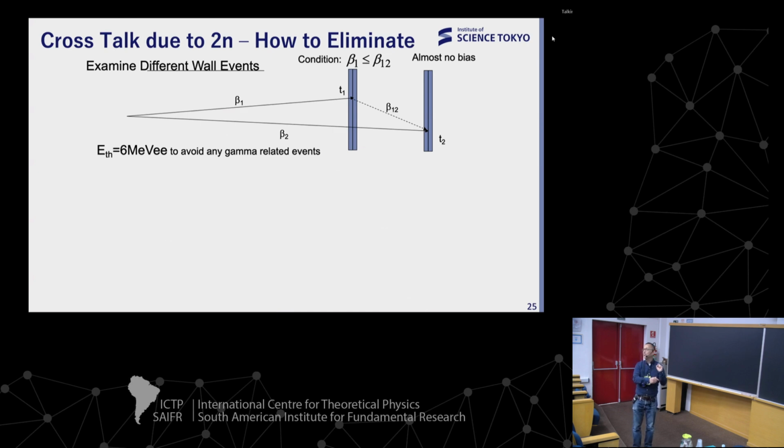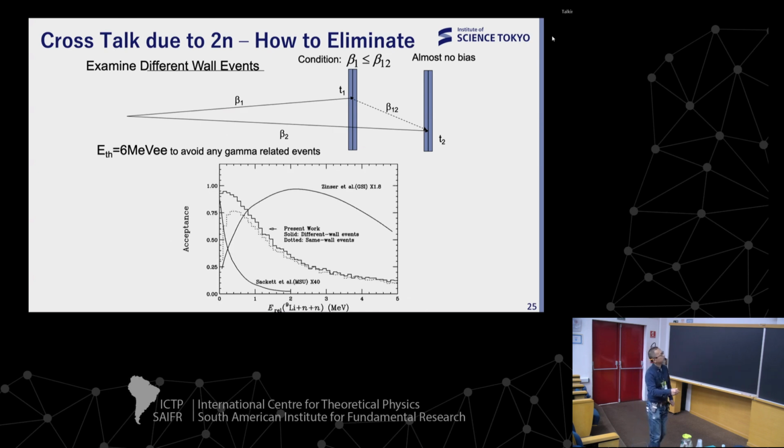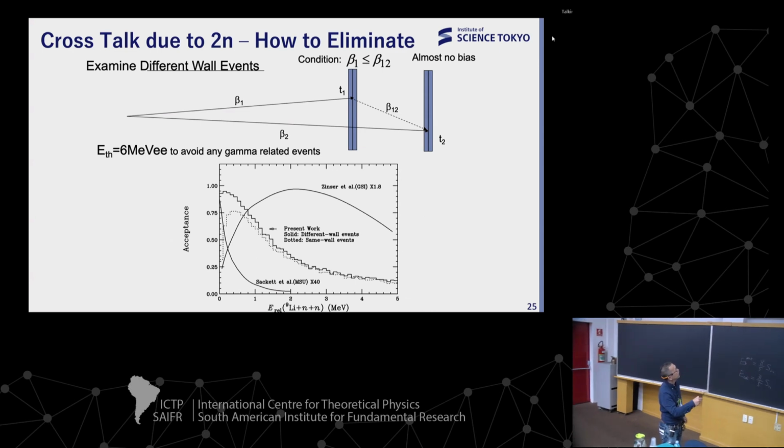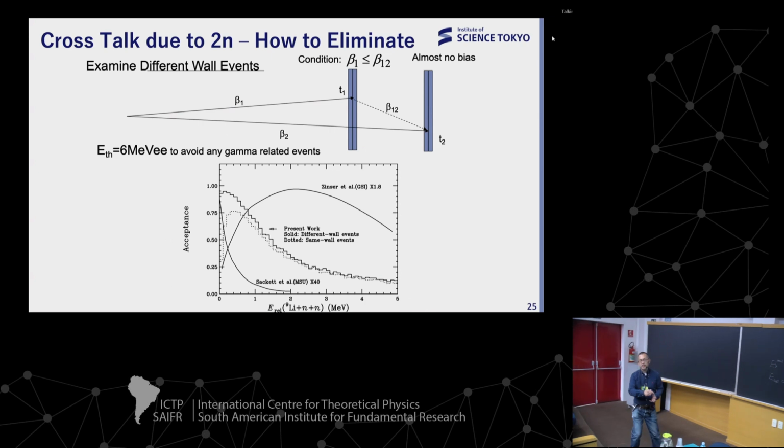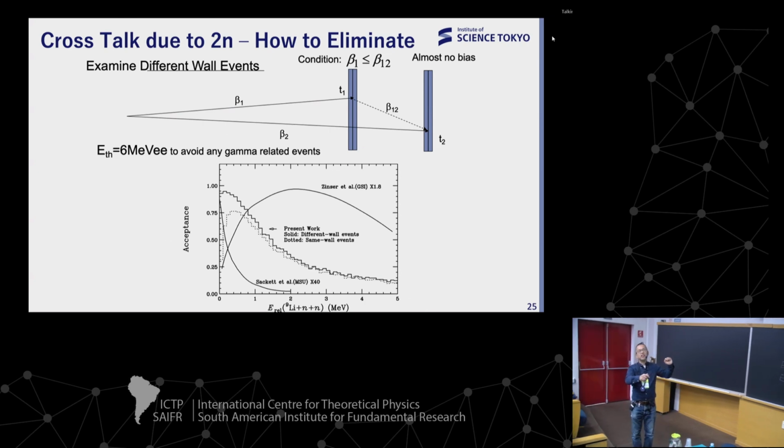EE means electron equivalent. Maybe I can explain later, but anyway, with this, we can avoid the gamma ray from the carbon target. And with that, we could evaluate this efficiency curve as a function of the 3-body relative energy of lithium-9 plus 2 neutrons. So this is our evaluated acceptance or efficiency. While the GSI experiment uses just a big chunk of plastic scintillators, so that they couldn't measure lower relative energies.